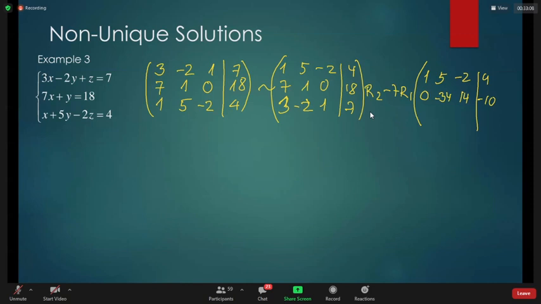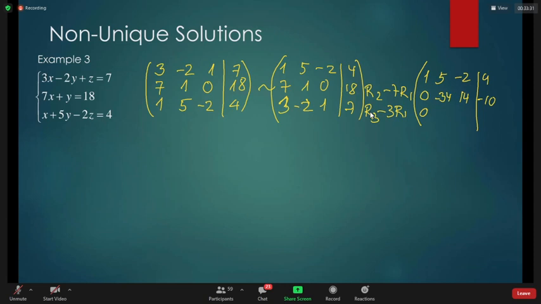And to make 0 here, we have to take row 3 minus 3 row 1. So let's remember that we multiply the whole row, but the decision by what number to multiply comes only from the first elements, comparing the first elements, because we want to make the zeros there.